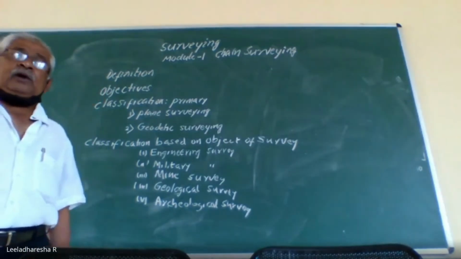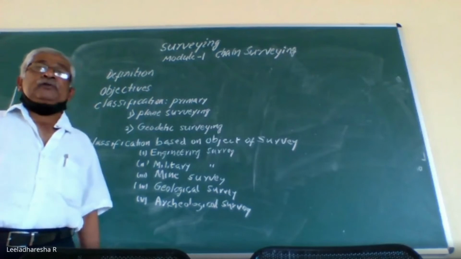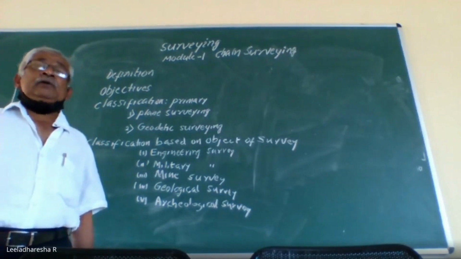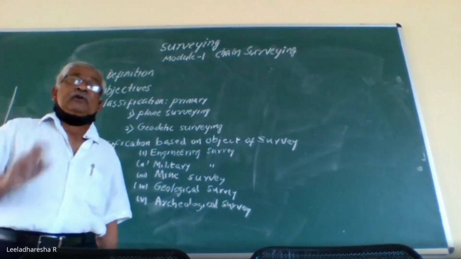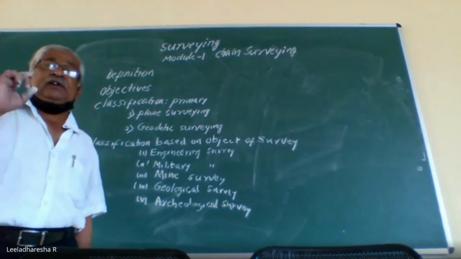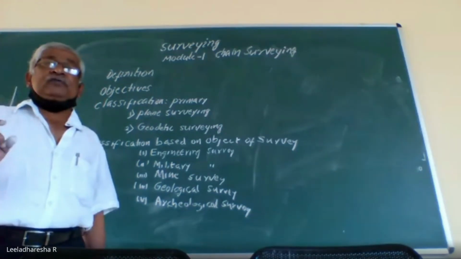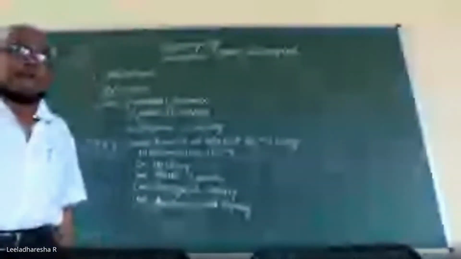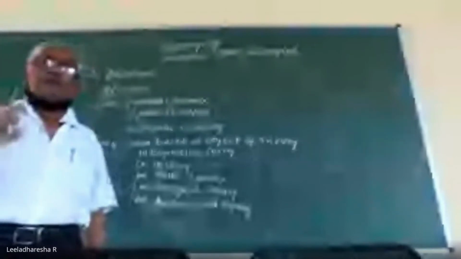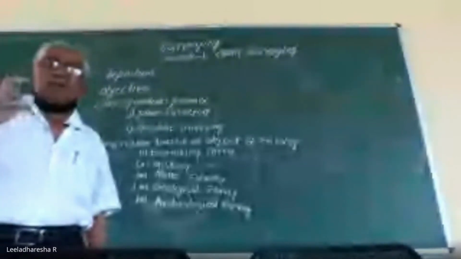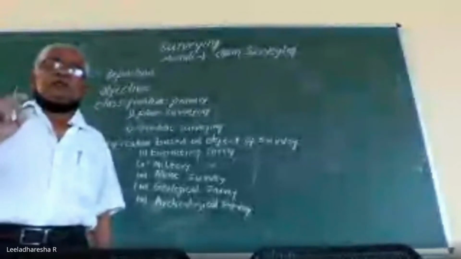Second one, military survey. So generally, military people are going to survey the entire area to locate the points of strategic importance. Strategic importance means from where, say for example, if you read the newspaper every day, you find there is a conflict between India and China in the border at Ladakh.